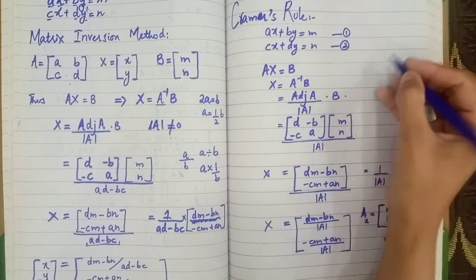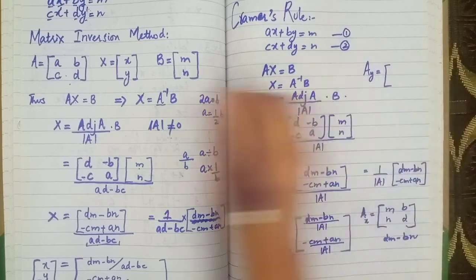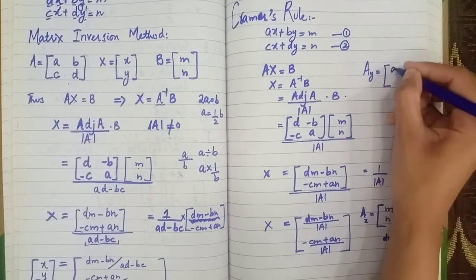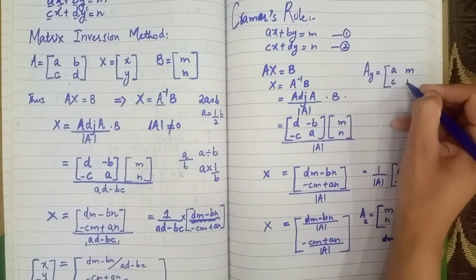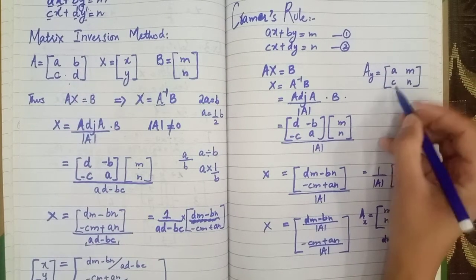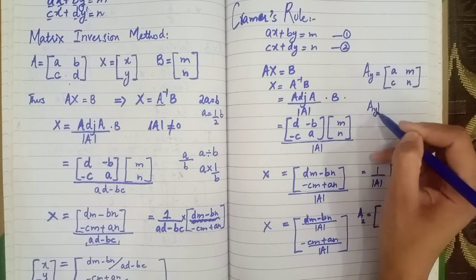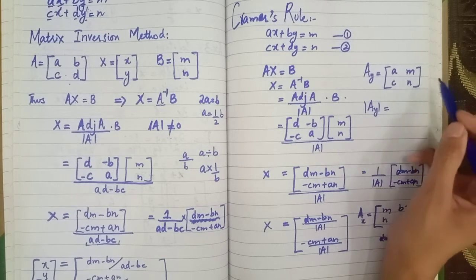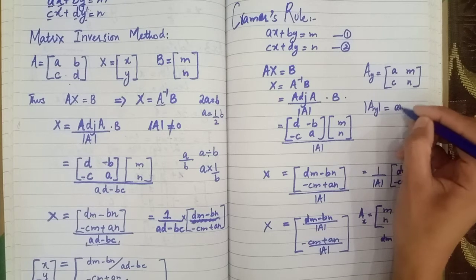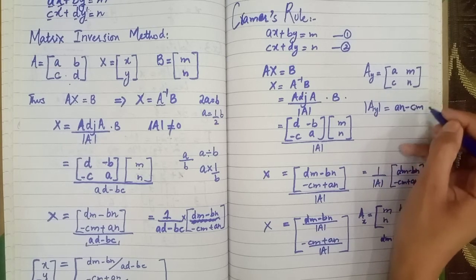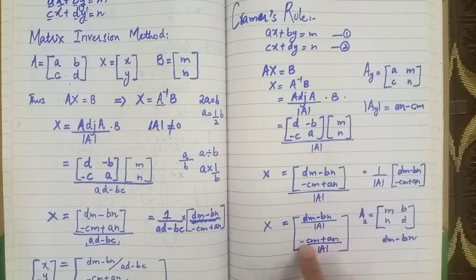Ay equals a, c, changing this into m, n. So if I take the determinant of Ay, it would be an minus cm. This is the same thing as it is here.